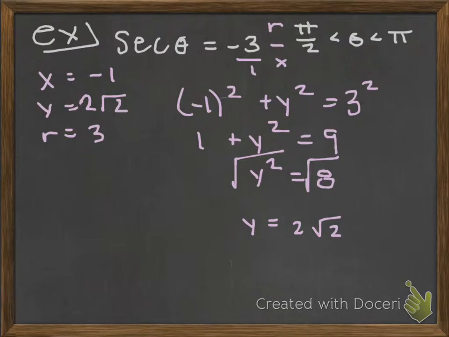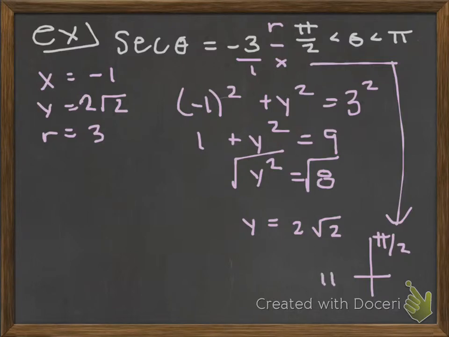And in terms of the quadrant, they're telling you, so pi over 2 is straight up, pi is to the left, so we're in quadrant 2, and x is negative in quadrant 2. So we already determined that. And the whole purpose of finding these values is to set up what sine and cosine is. So I recommend you do that at the top of your page.